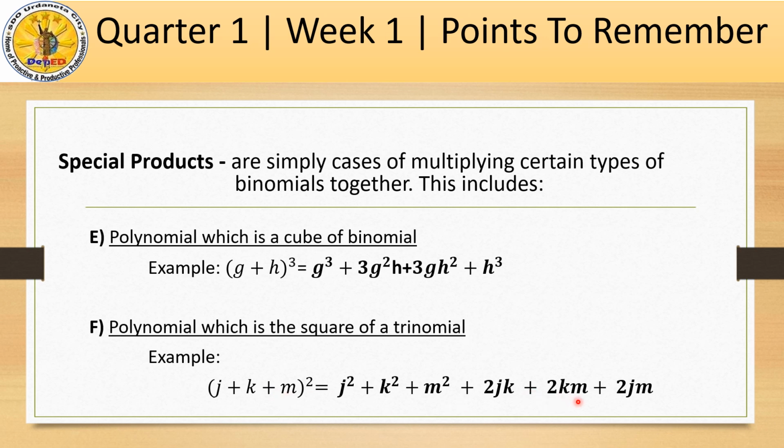So, 2km plus 2 multiplied by the first term, j, and the last term, m. Kaya magiging 2jm. Take note, the product is a polynomial with 6 terms.